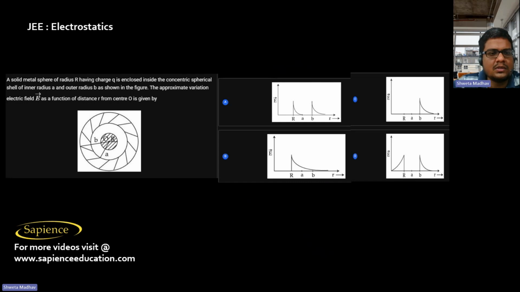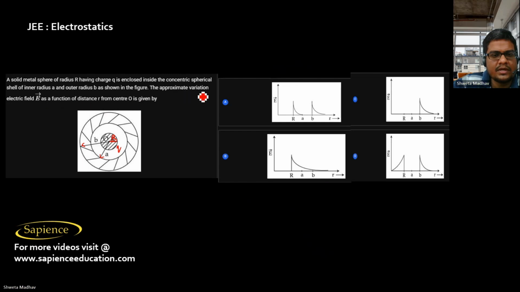Here it is told a solid metal sphere of radius r, having charge q, is enclosed inside the concentric spherical shell of inner radius a and outer radius b, as shown.